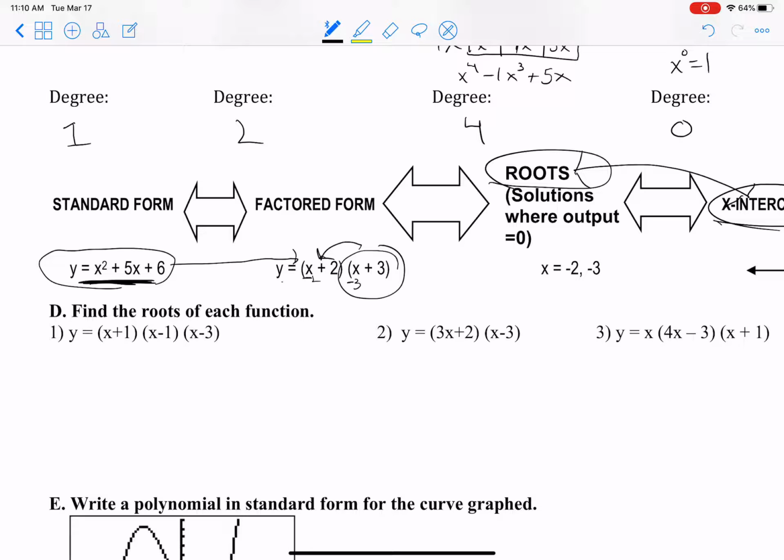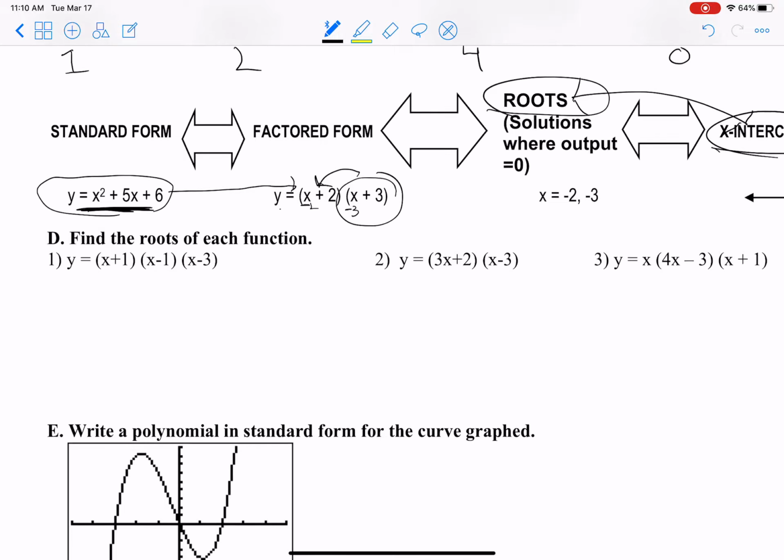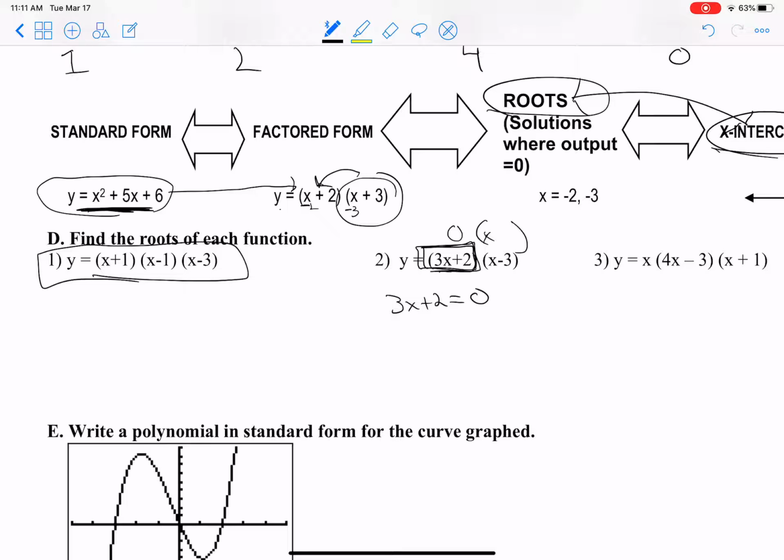So it's asking me to find the roots. I'm going to do this one. This one should be easy. I'm not even going to talk about this one. Let's find the roots. Well, what do I need to make this factor become the number 0? Ultimately, I need 3x plus 2 to equal 0, right? Because I need this to be 0 times x minus 3, whatever.